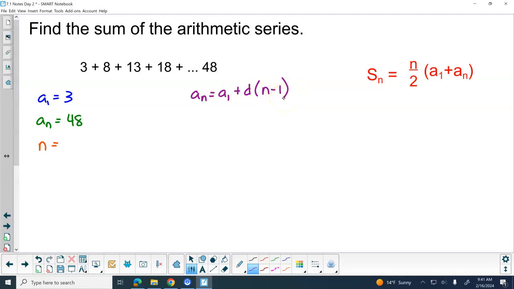Okay, so 48 is 3 plus, what's my d? 5. Don't know what n is.